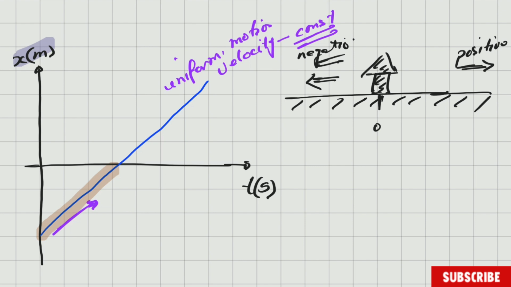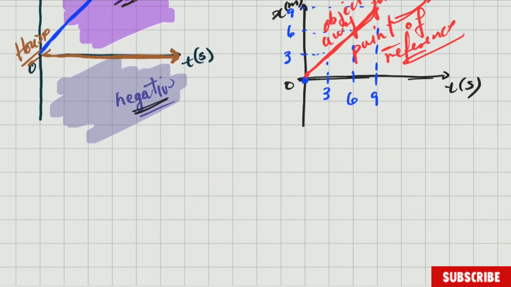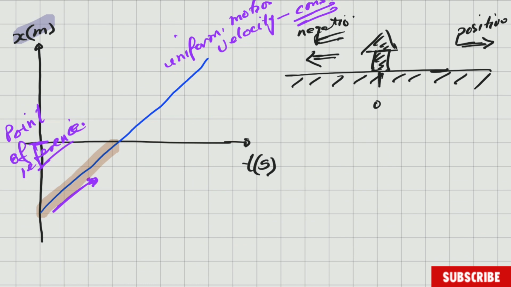So in other words, if this one was the point of reference, as we say, this one is the point of reference. We explained here, point of reference, always the x-axis. All that there is the point of reference.